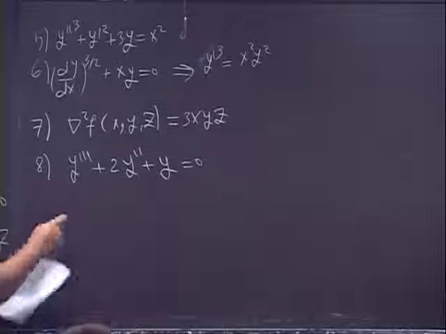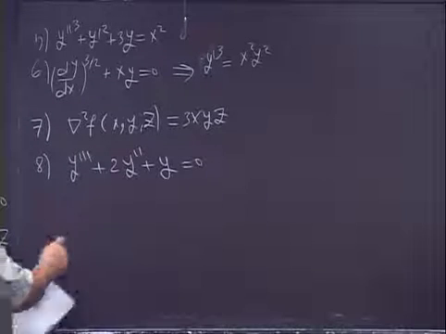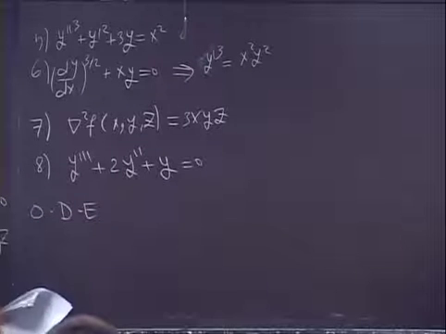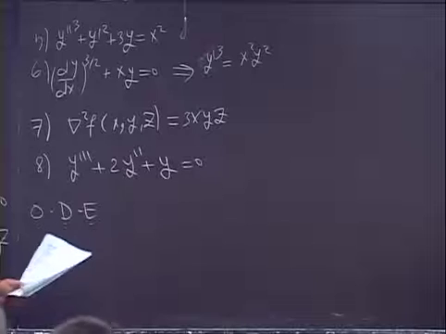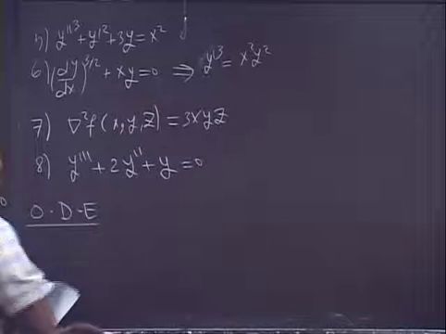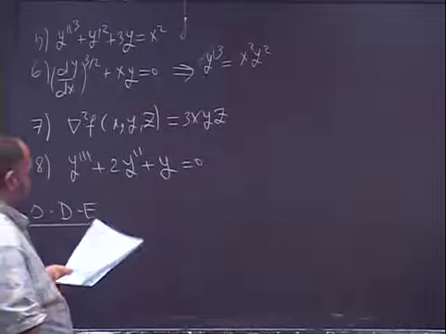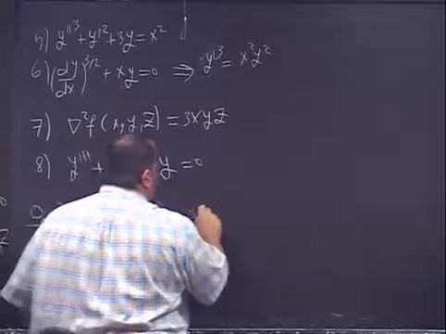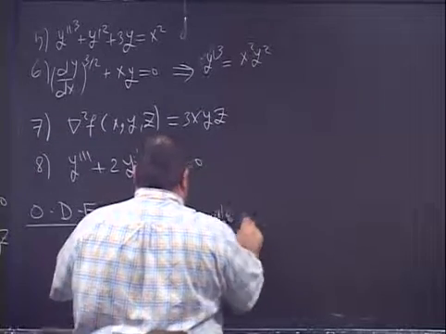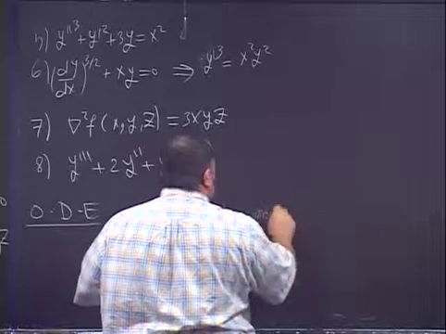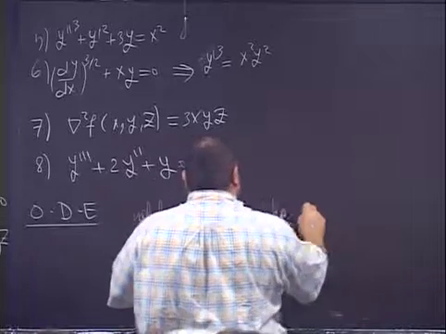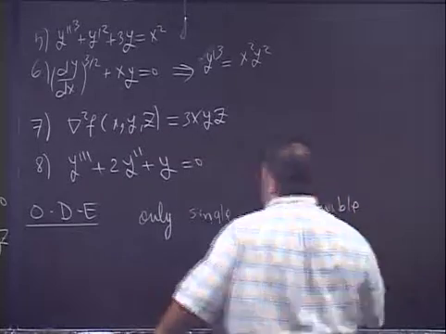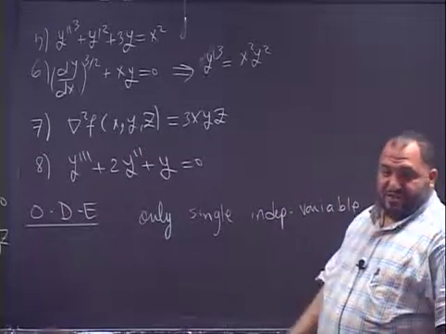Okay, here are the definitions now. ODE means ordinary differential equation. We have only a single independent variable in the equation. We do not allow more than one independent variable.